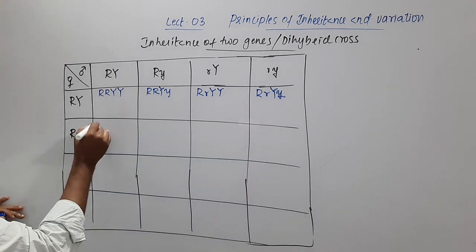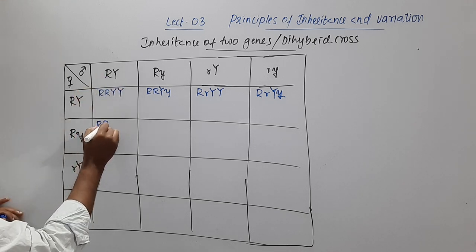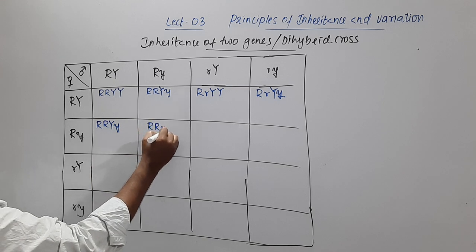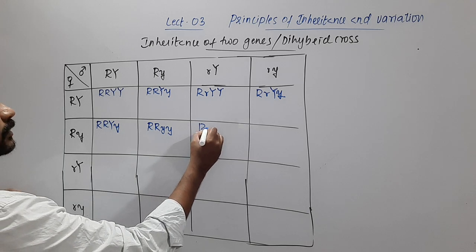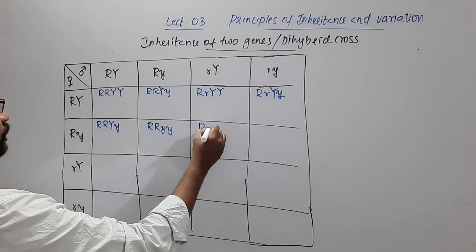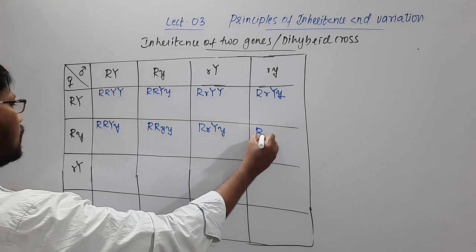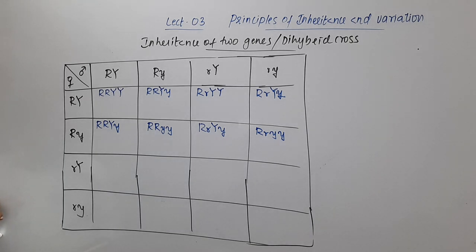The next one, capital R, capital Y, small y, capital R, small y. And this one, capital R, small r, then capital Y, small y. Then capital R, small y, small y.